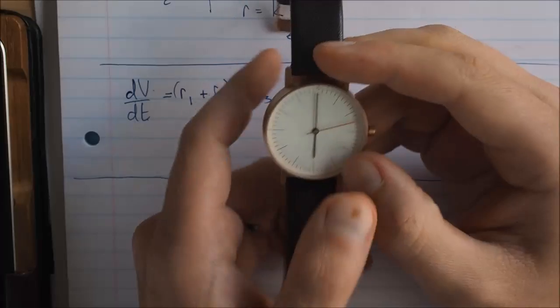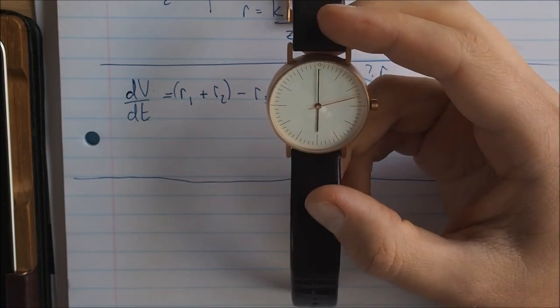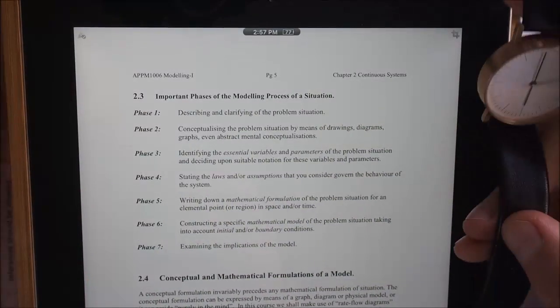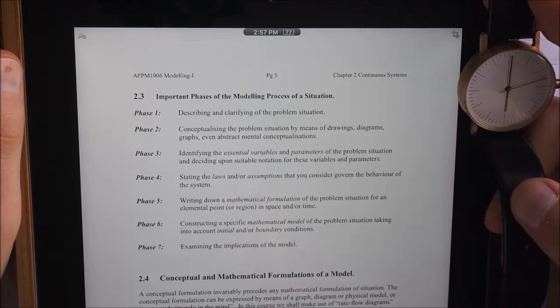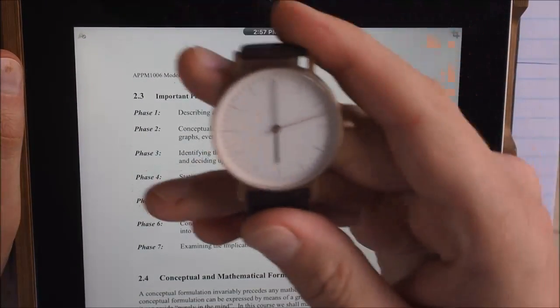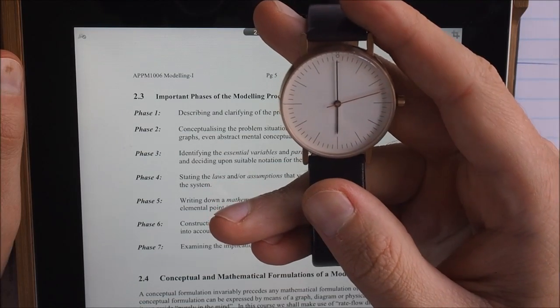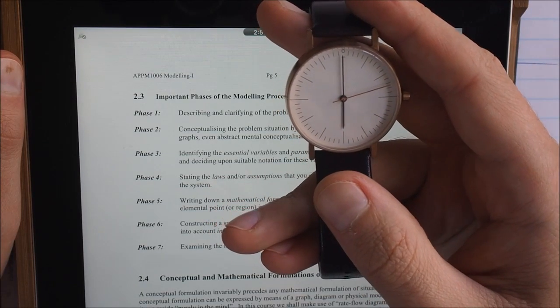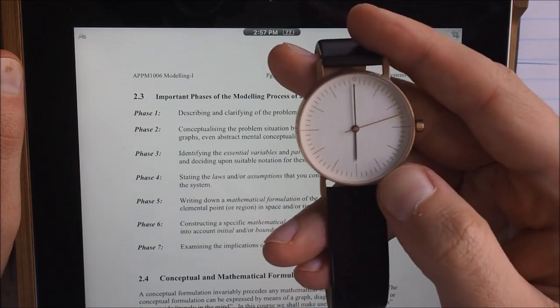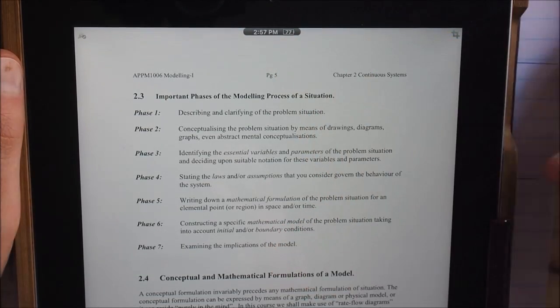Now the question we're asking, we want to go back to the phases of modeling. First, describe and clarify the problem situation. We're looking at a watch. The problem is we want to know how many times a day the hands of a watch form a perfectly straight line, so the angle between the two hands is 180 degrees.